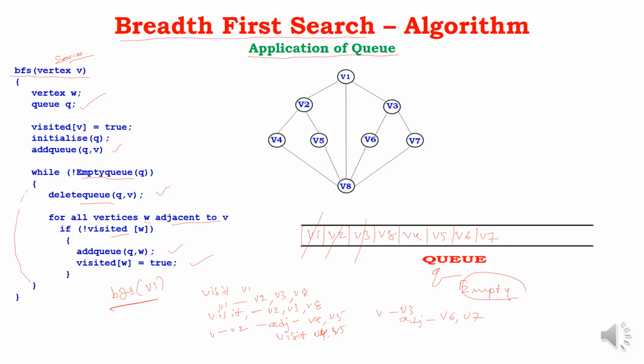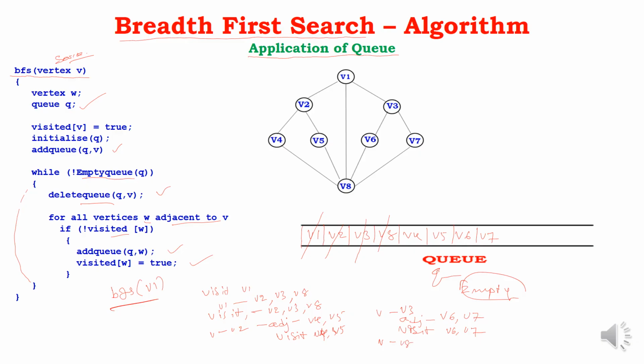Then visit V6 and V7. Then again, while it is not empty, yes, it is not empty. Delete one more node. V8 is deleted. Now V is V8.